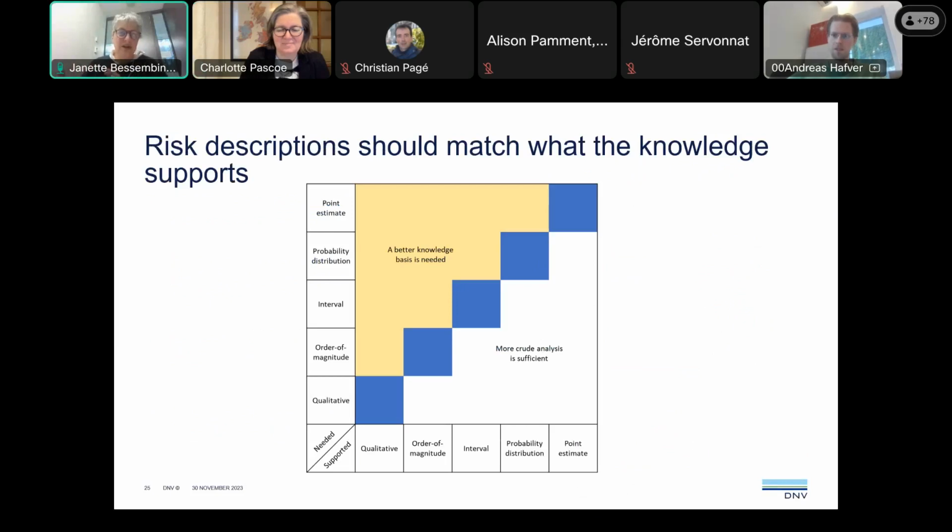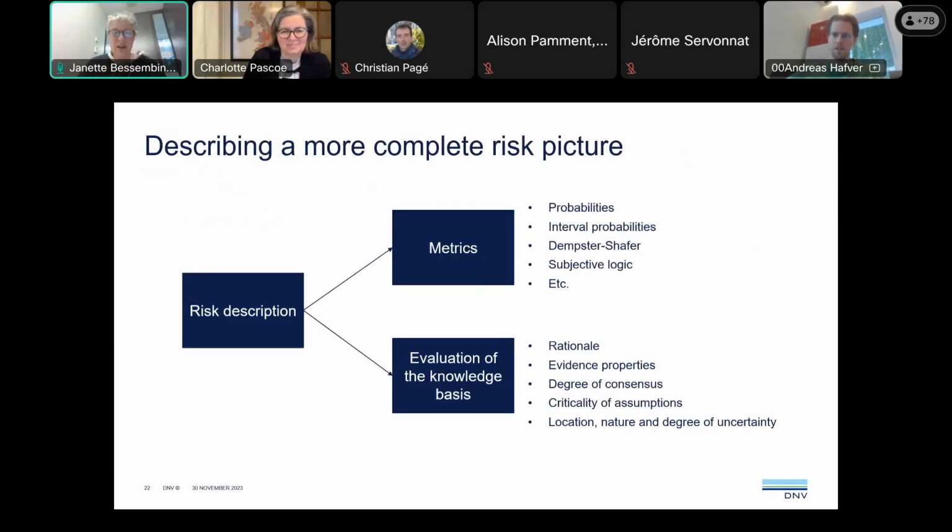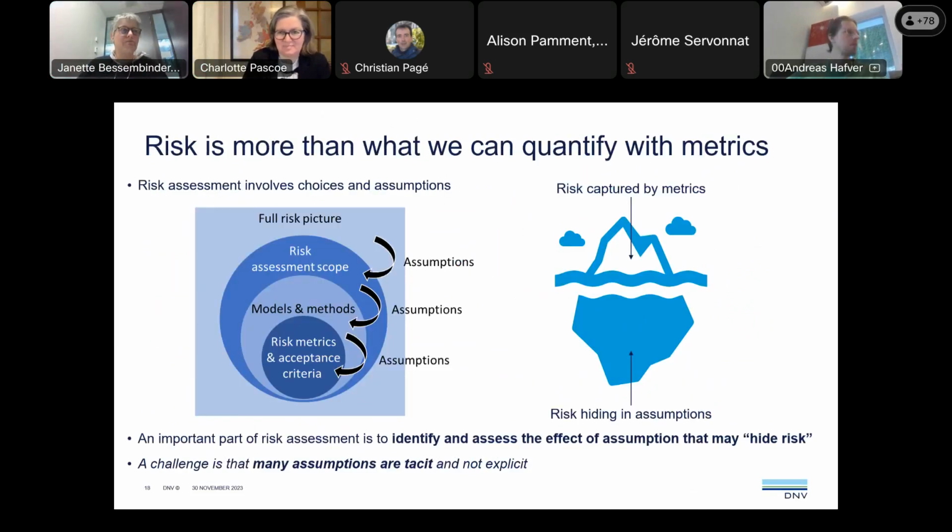I had a similar question on what kind of assumptions you make. I think part of identifying tacit assumptions is to have some kind of structure to know where to look for assumptions. So this figure is just a first rough picture of where the assumptions can enter. The first place they can enter is when you define your scope. Then more assumptions enter when you choose how to do the assessment within that scope, and again when you present your results.